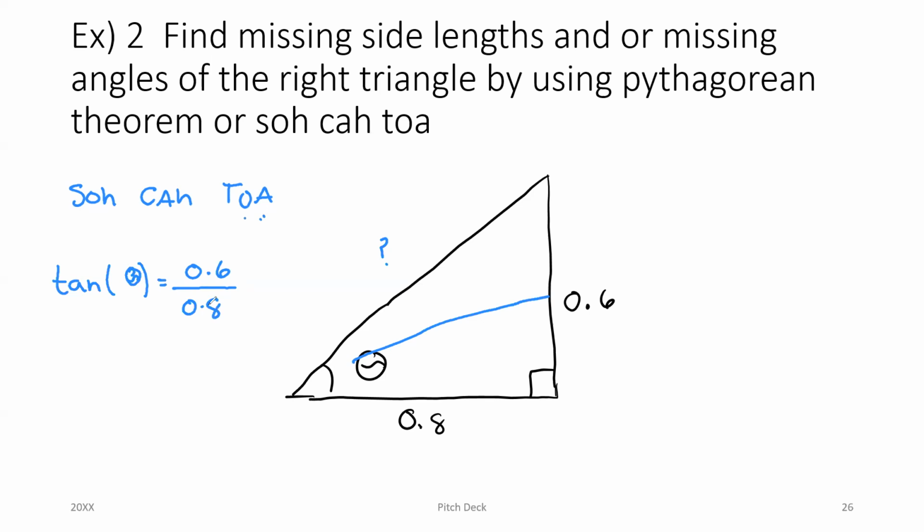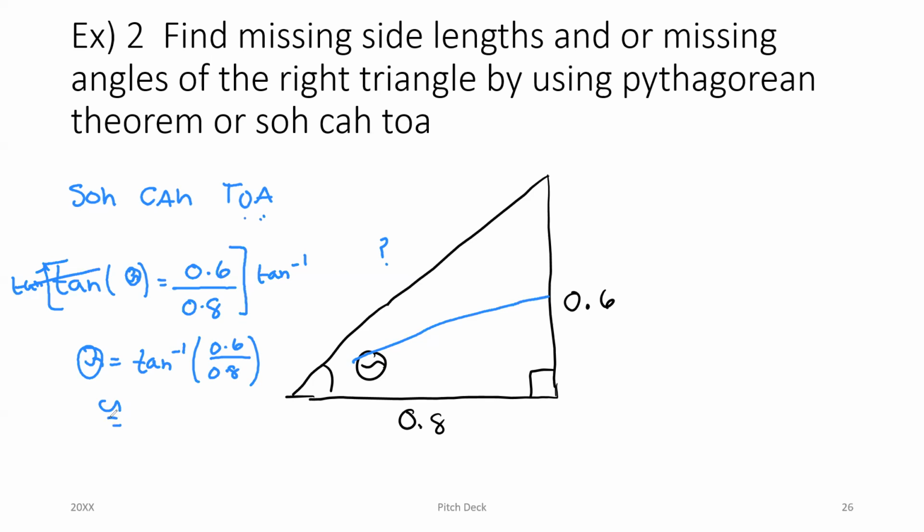Okay, we're not quite there yet. We just have to solve for this symbol. So I have to get rid of this tan. To do so, multiply both sides by tan inverse. Okay, so this cancels. So you're left with theta equals tan inverse of 0.6 over 0.8.